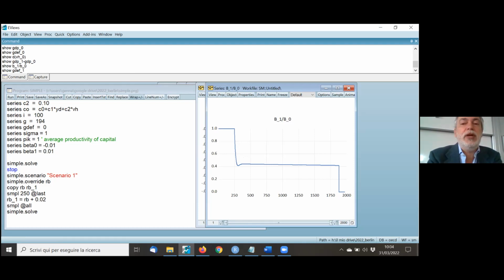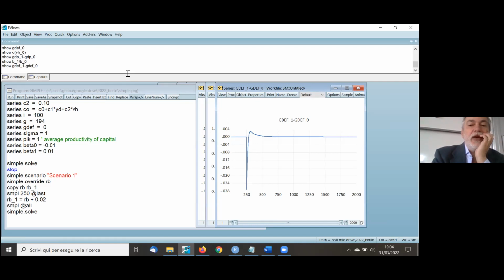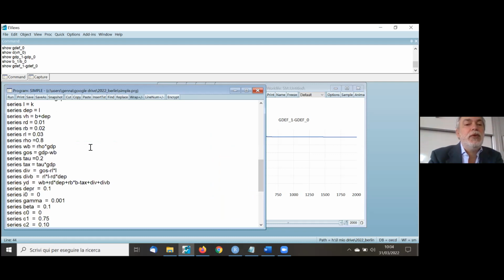Now, this is the ratio of the stock of bonds after the shock and before the shock. So this is instead the difference in government deficit. So the government deficit should increase with the interest rate.